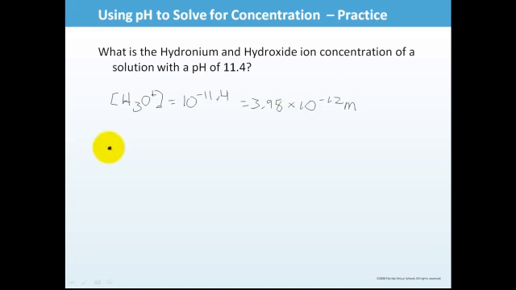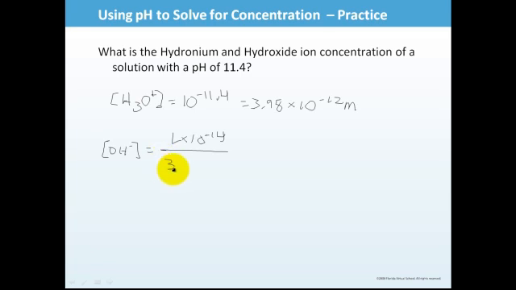Okay, so now going back to our concentration formula, remember to get the hydroxide ions, in this case, we would take the ionization constant for water, 1 times 10 to the negative 14, and divide it by the hydronium ions.